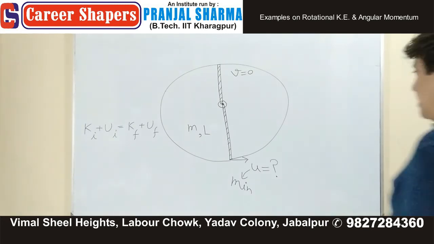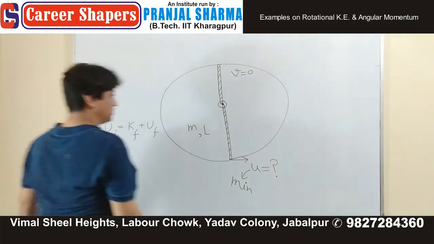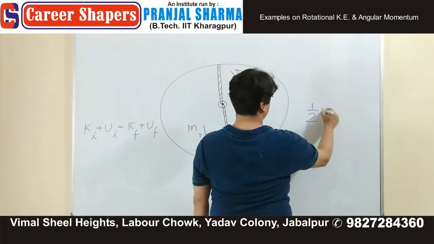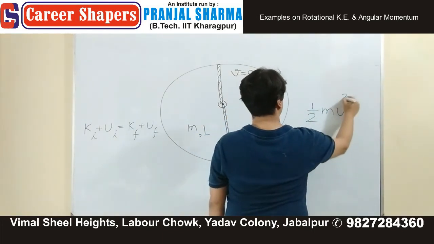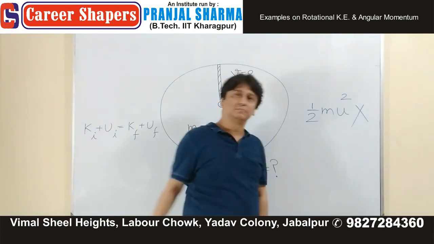Well, had it been half mu square, then I wouldn't have asked you this question. So those of you who are saying kinetic energy is half mu square, no, it is not.